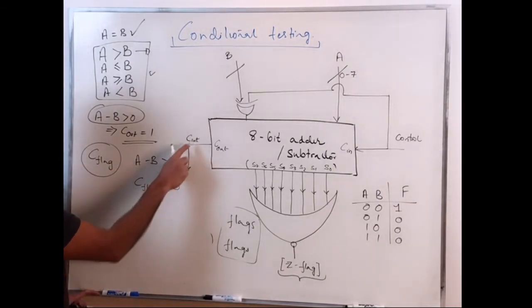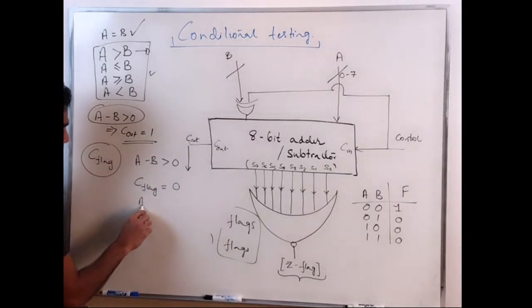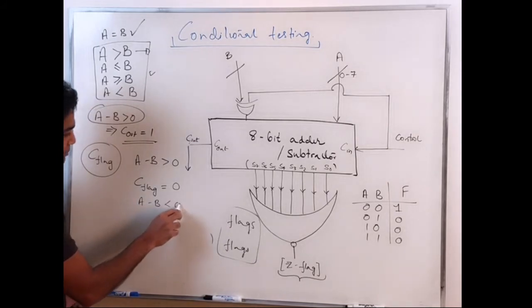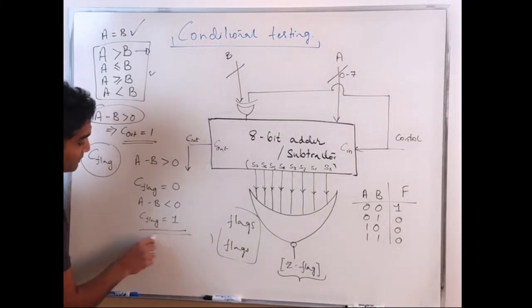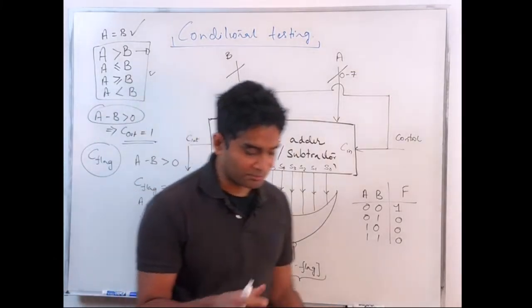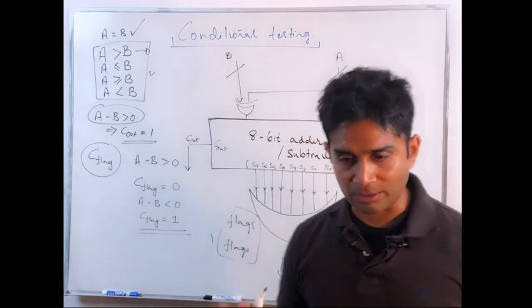Again, my carry flag is not the same as the C flag here. And when A minus B is less than 0, then my C flag should be 1. This is how it's configured. So I need to do something else to the carry out to be consistent here. That's all I'm saying.